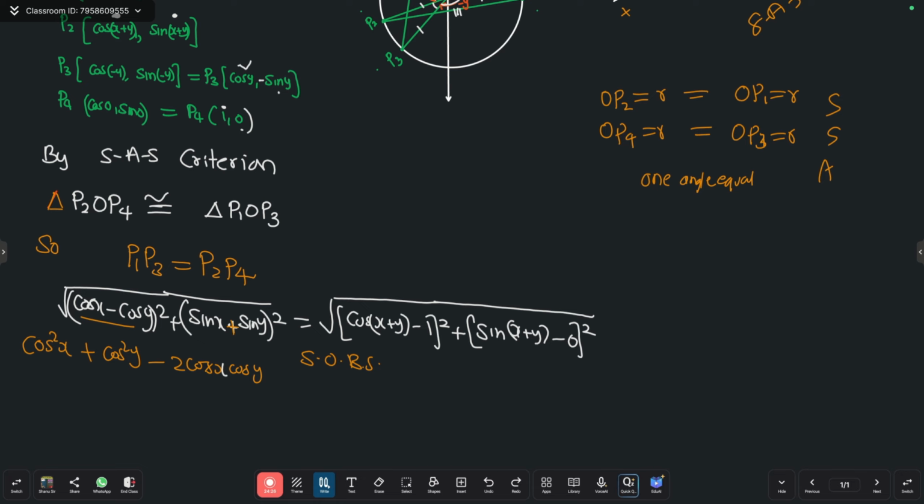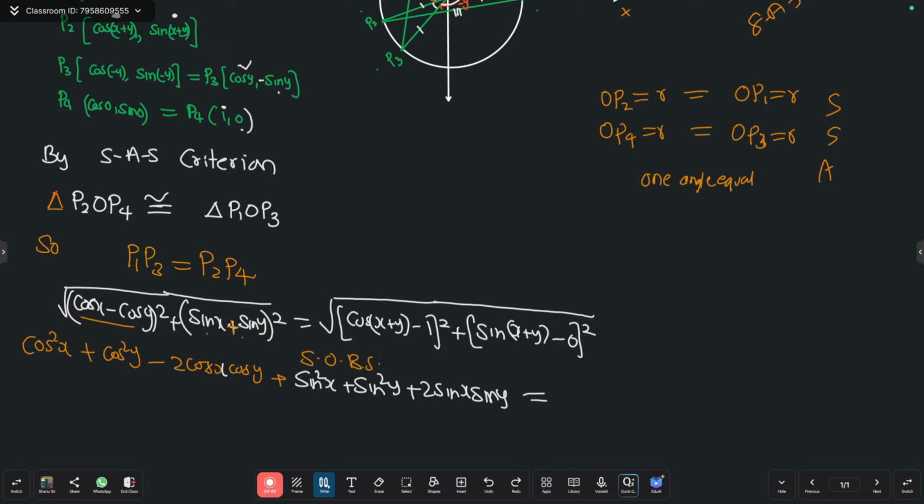Okay, now plus here, open this, a plus b whole square. A is sin x, b is sin y, so it will be sin square x plus sin square y and plus 2 sin x sin y. Left hand side is done.